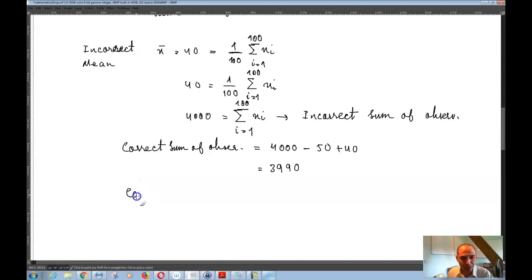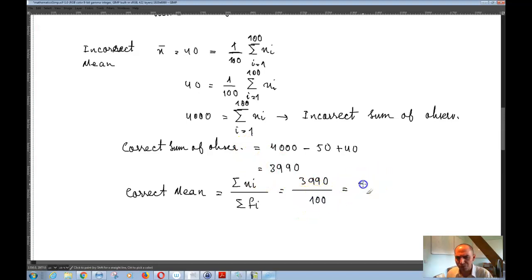And so the correct mean is equal to sigma x of i, the correct one, divided by sigma f of i, which is 3990 divided by 100, which is equal to 39.9, I'm sorry. That is the correct mean.